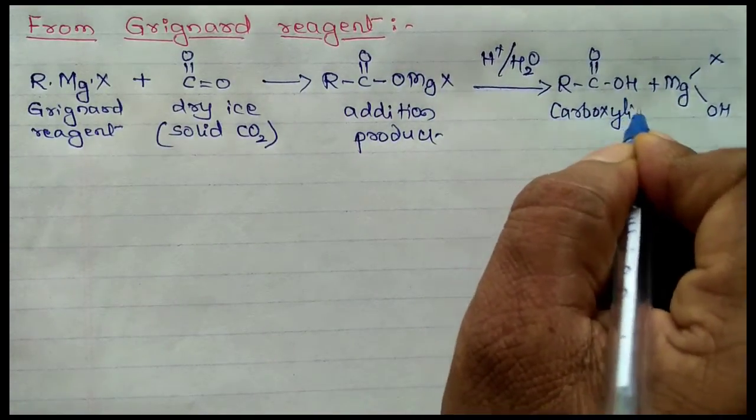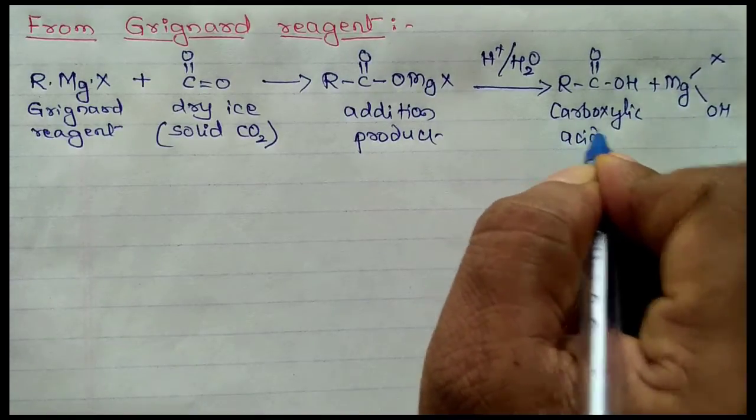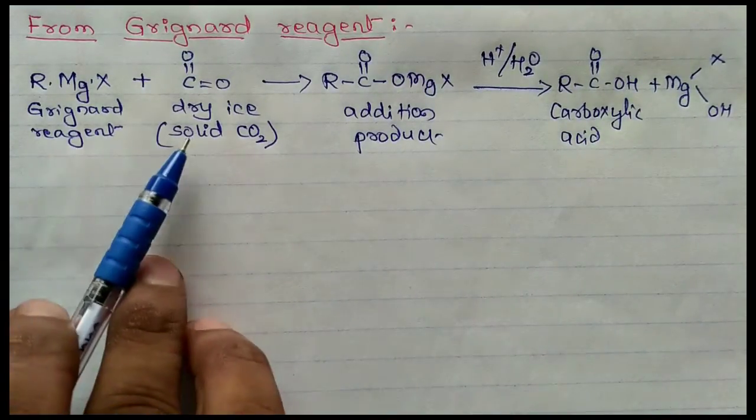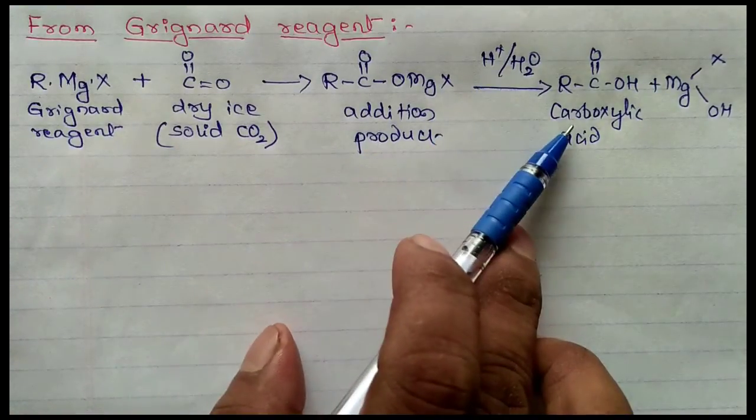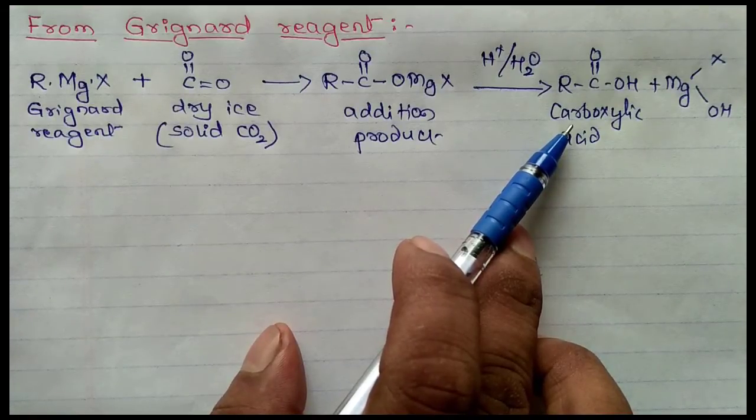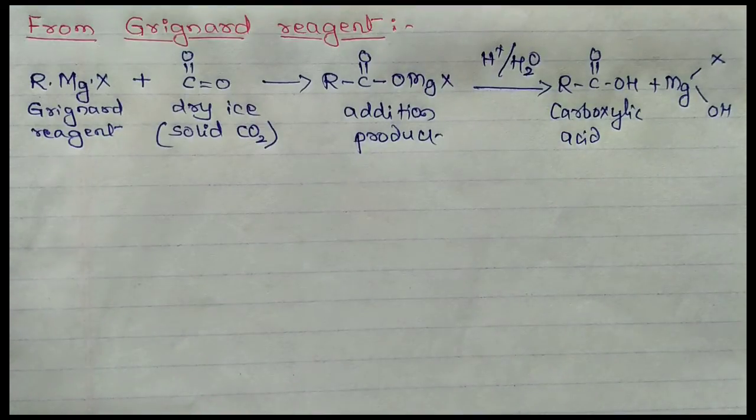Grignard reagent when treated with dry ice gives an addition product, which on acid hydrolysis gives carboxylic acid. This is how we can prepare carboxylic acid starting from Grignard reagent. Now we'll discuss examples.